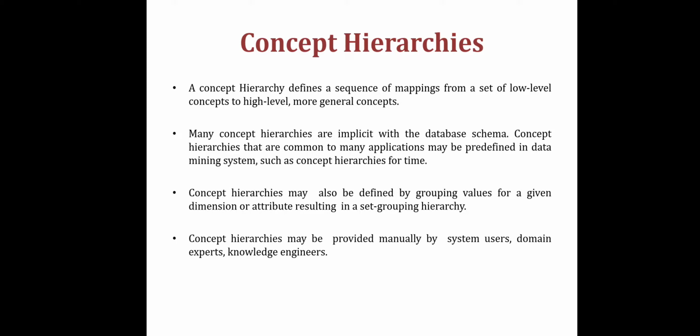Many concept hierarchies are implicit within the database schema. We have seen the different schemas in the last lecture, right? Star schema, then snowflake schema, and the fact constellation schema. In a star schema, whenever we use it, we are using this concept hierarchy there. What is the use of the concept hierarchy in the star schema?